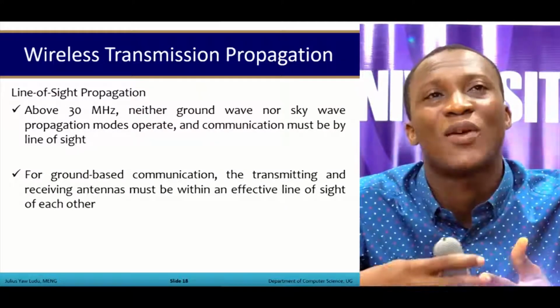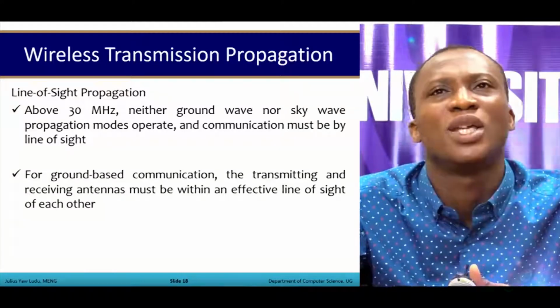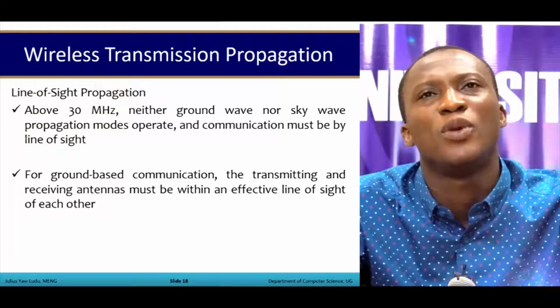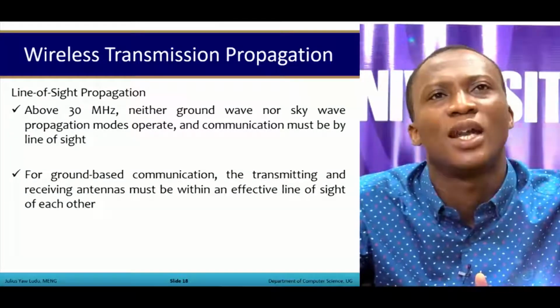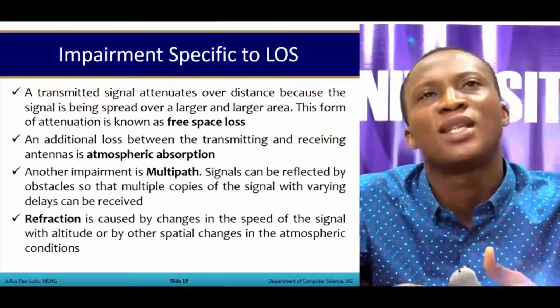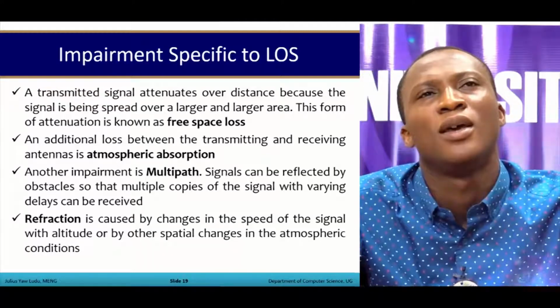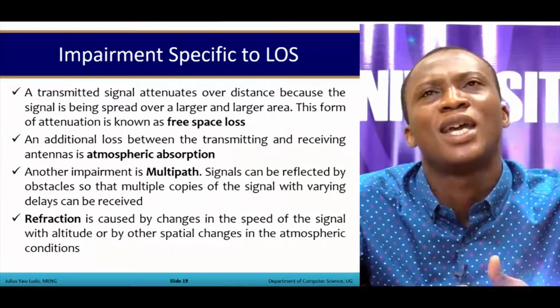We need a direct sight or line of sight. So for ground-based communication, the transmitting and the receiving antennas must be within an effective line of sight of each other.